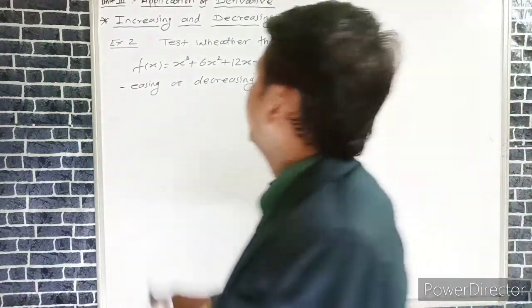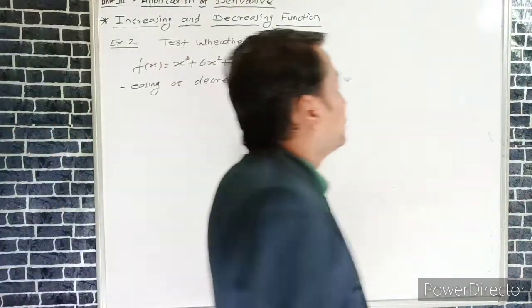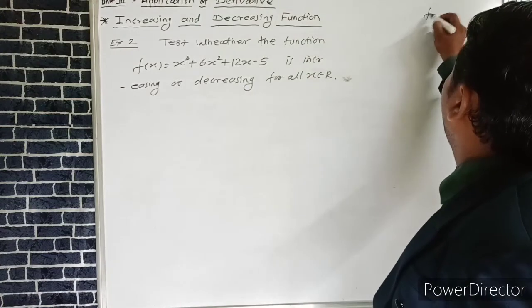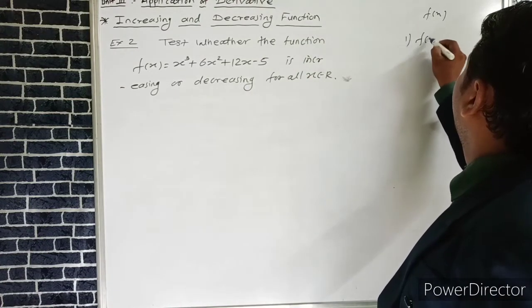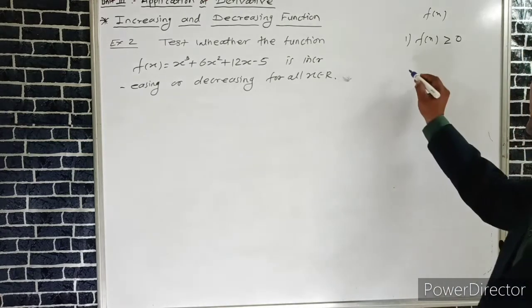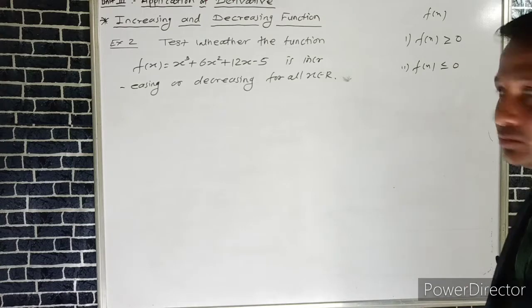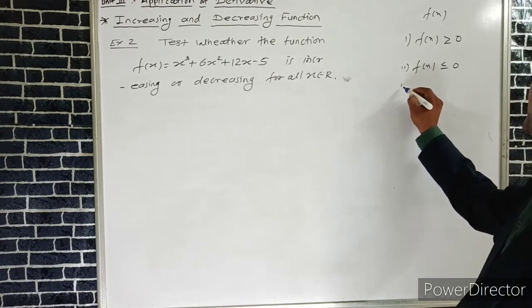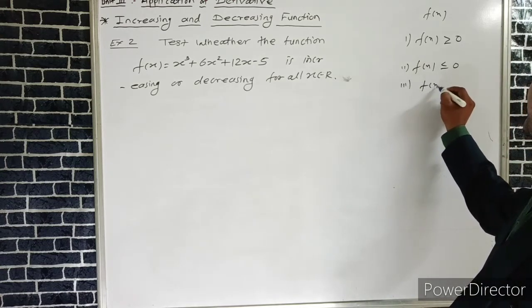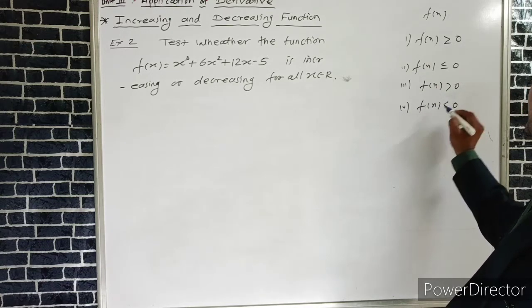If the function f of x is a differentiable function, then we can use a result. Here f dash of x is greater than or equal to 0, or f dash of x is less than or equal to 0, or f dash of x is strictly greater than 0, or f dash of x is strictly less than 0.